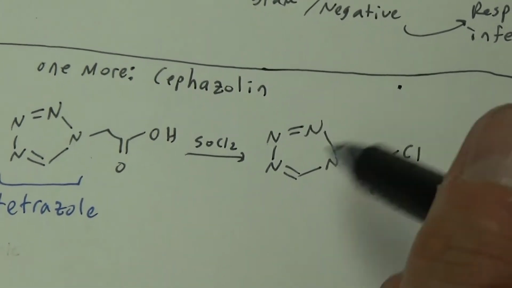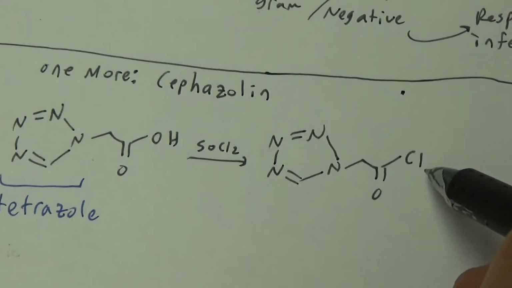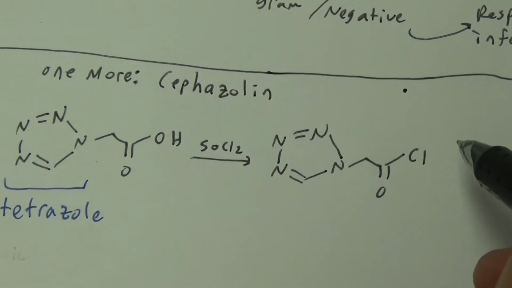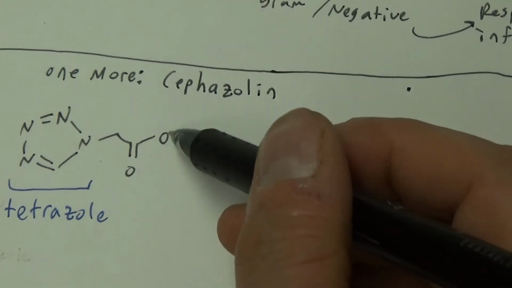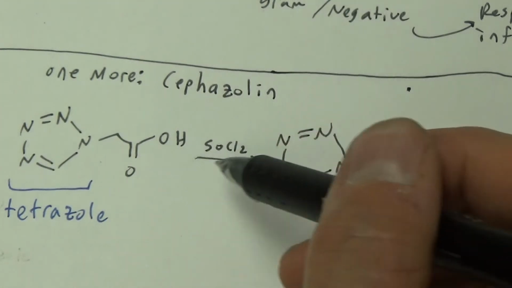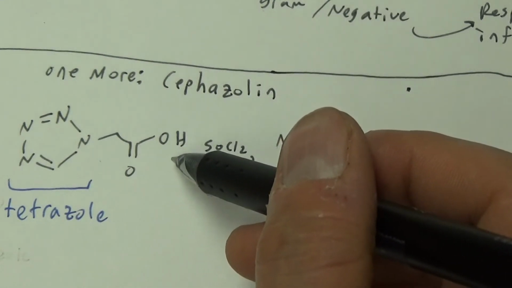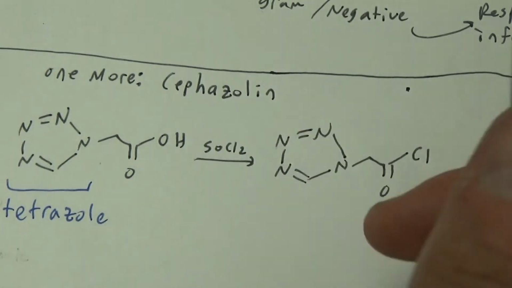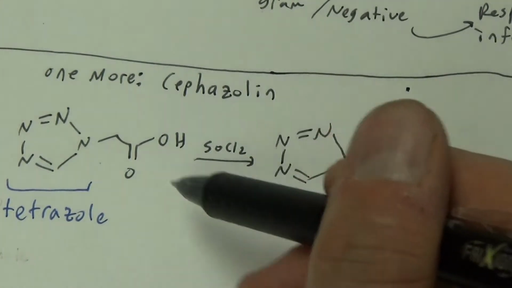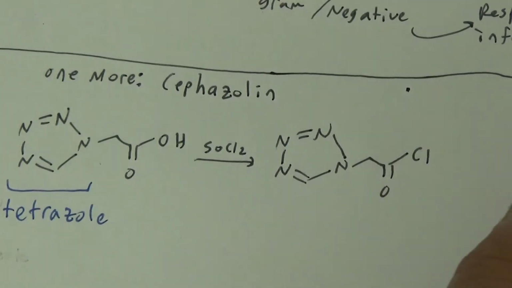And into a good leaving group. You could probably directly use the OH and the amine to make the amide, but you might need a protecting group. This, though, does work, and you make the acid chloride nicely.